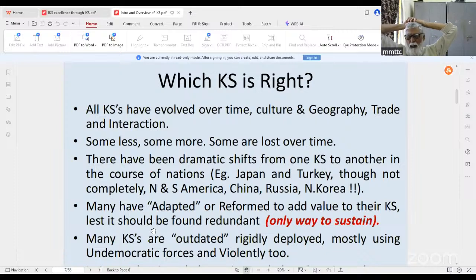Many of you wear jeans and t-shirts and other things, and you have adapted to that because you find it more convenient to maintain, and particularly hostel students, jeans is a must because you don't have to wash throughout your career. Okay, you buy once when you join the college, and you throw it out when you graduate after 2 or 3 years. So these are the kind of things that influence adaptation and modification.